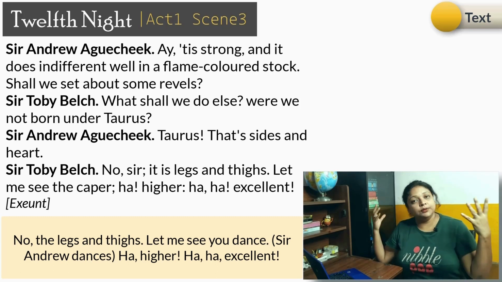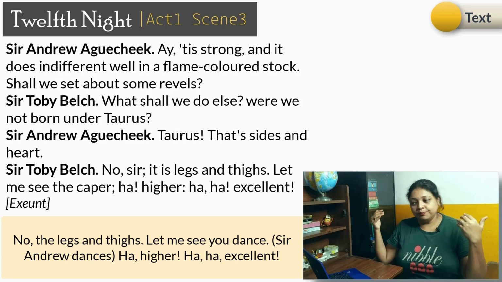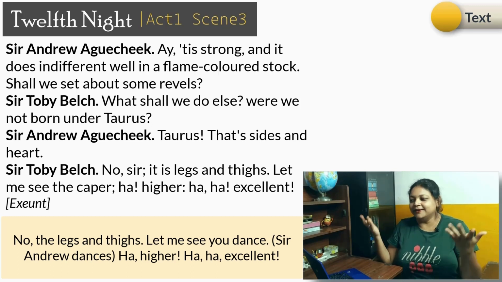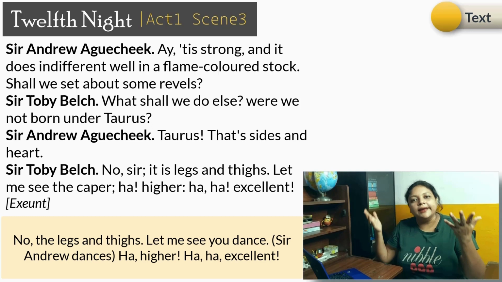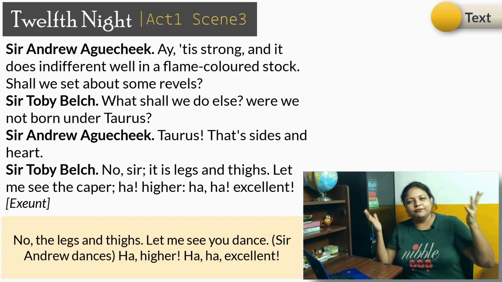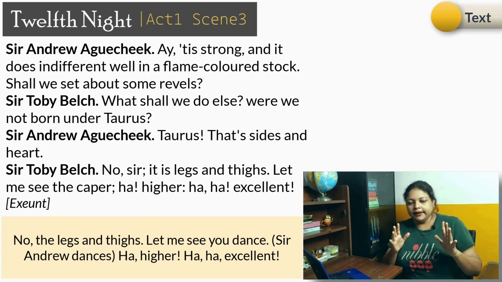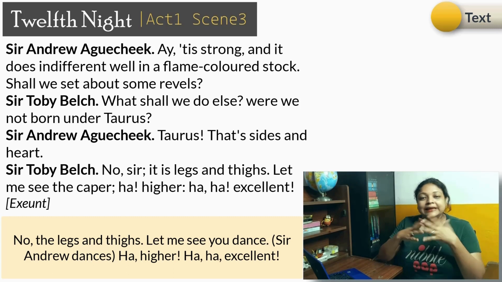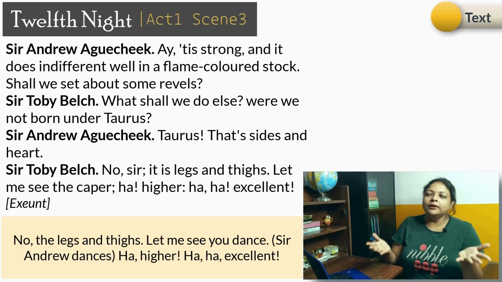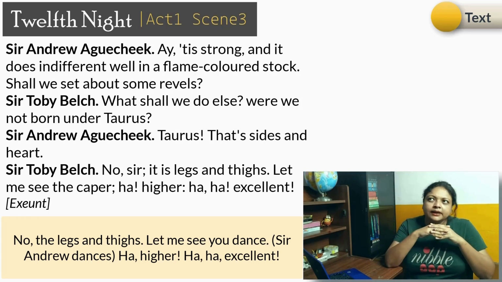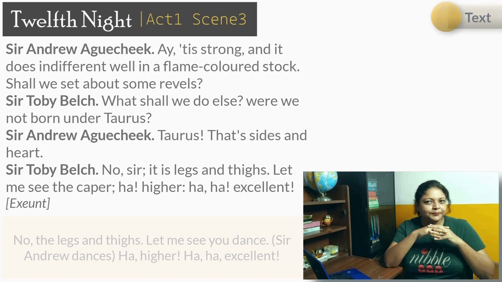And he starts dancing, and the more he dances, Toby goes on telling him, ha, higher, ha, ha, excellent. And they exit the stage dancing, making fun. And the audience, they either giggle a lot or they simply think, what was this whole scene about?